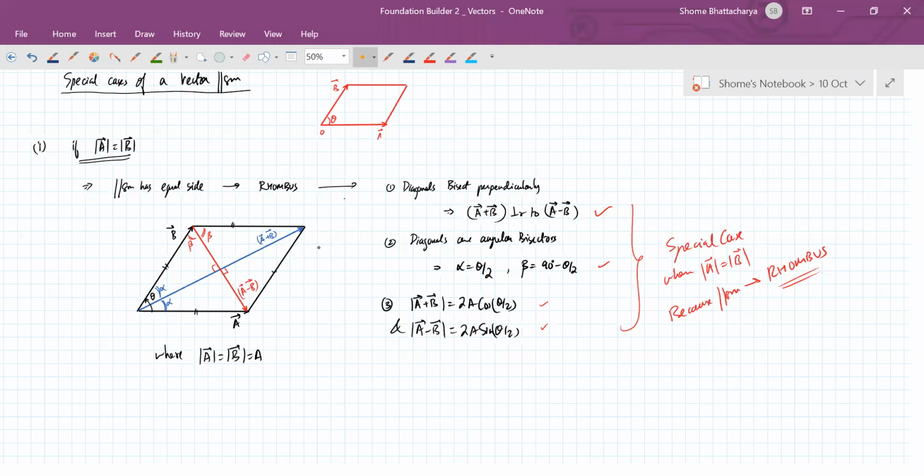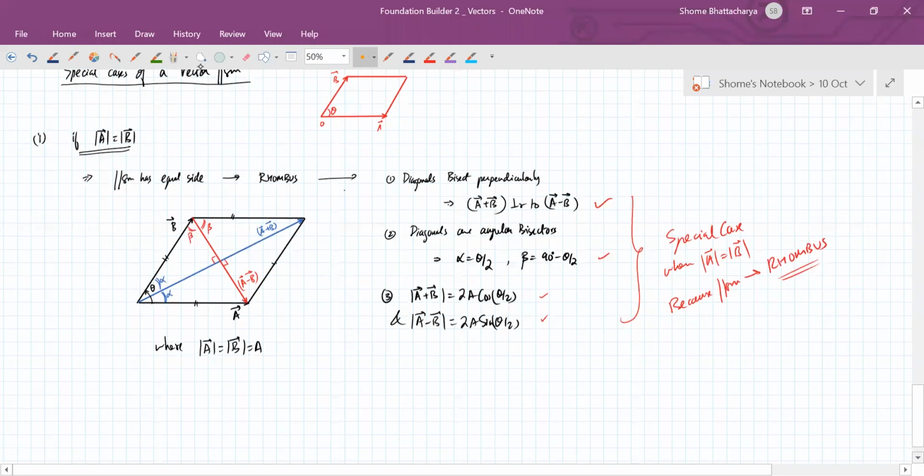Okay, so let us understand the second set of formulae, how they've come. That comes by just understanding a bit of trigonometry in this diagram.